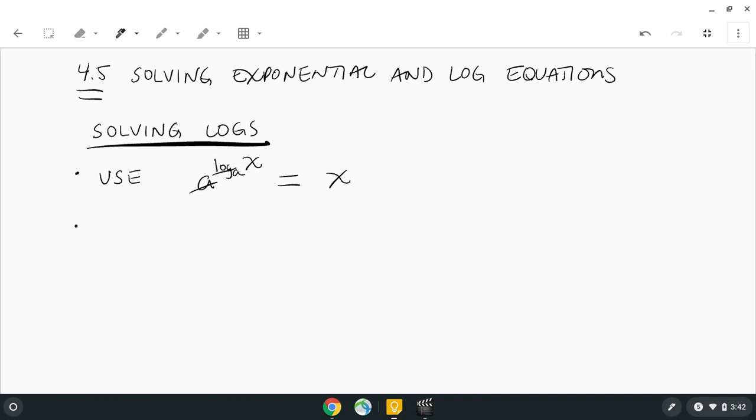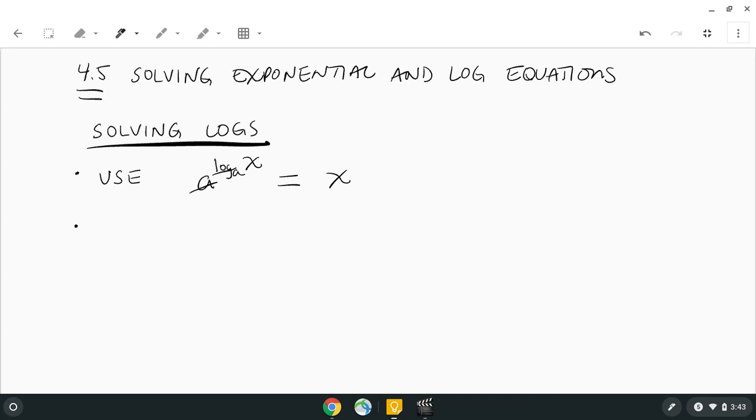One thing you definitely want to do here: if you recall, we're only taking log of positive numbers, right? So you definitely have to check your answers because we do have restrictions here. Zero is outside of our domain, and negative numbers are outside of our domain. We can't use those x values that give us a 0 or negative result.